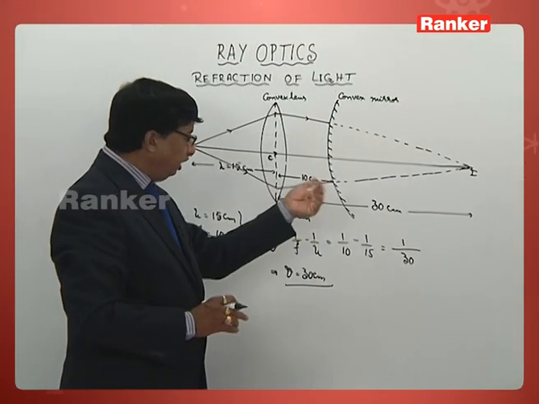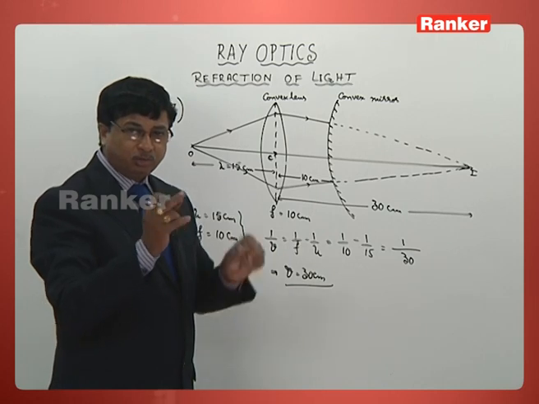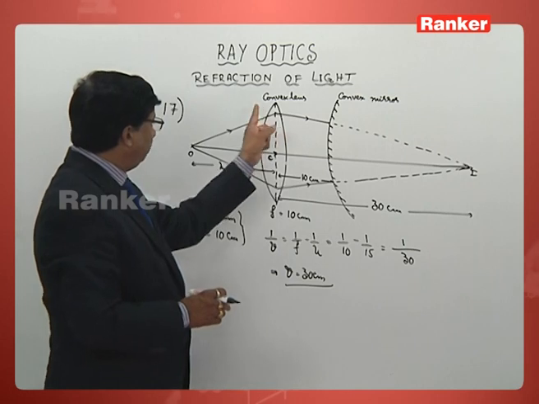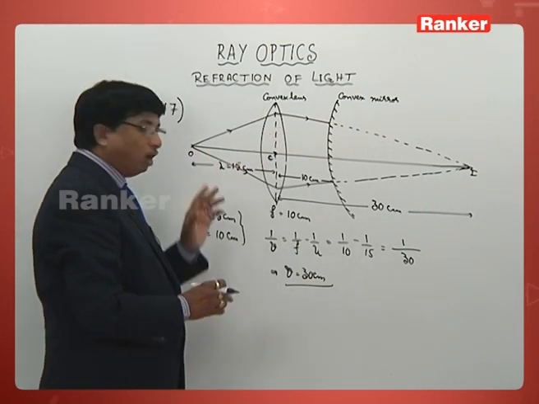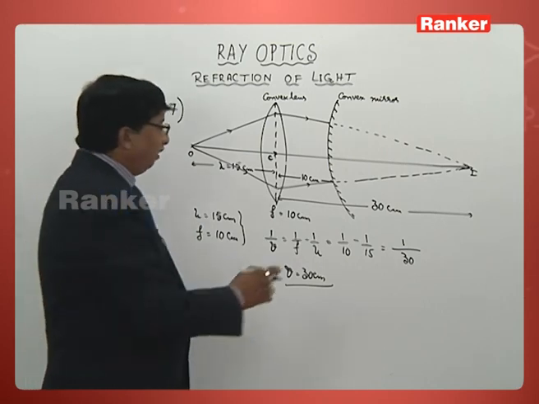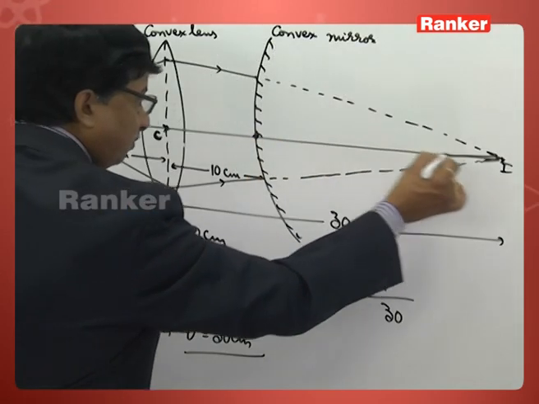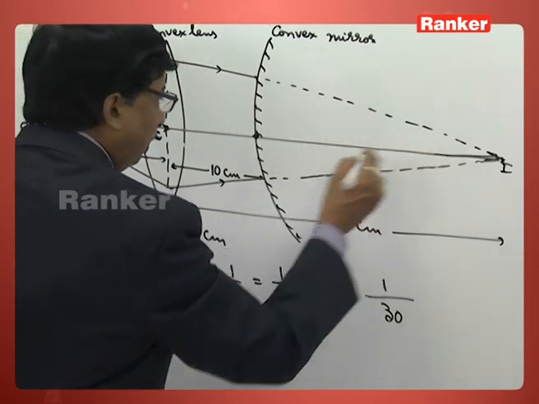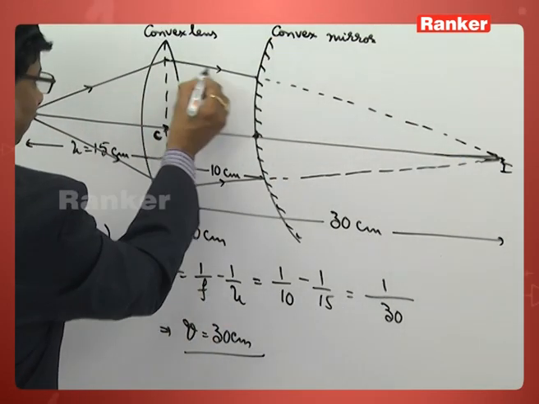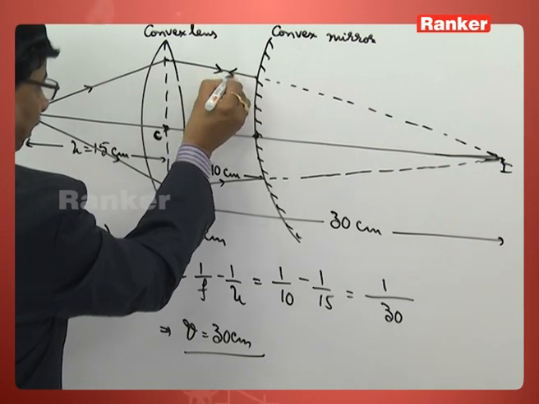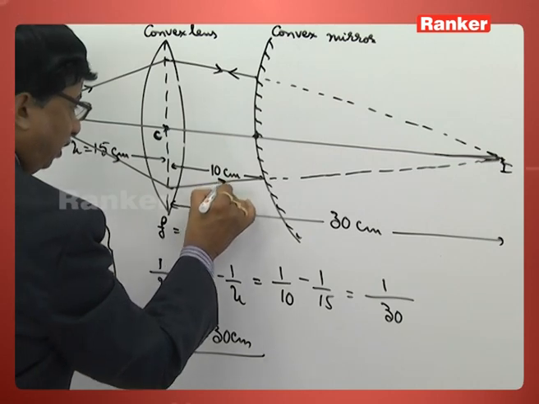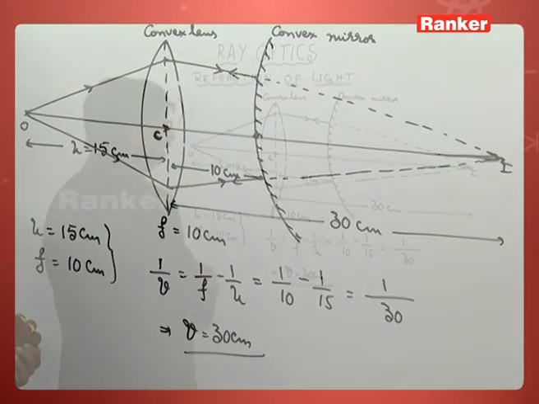But now the condition what he is giving, you incorporate to this situation. Final image is coinciding with the object. When will that be possible? When this distance is equal to its radius of curvature, then the ray whatever is falling here, it retraces its path, it falls normal to the plane and reflects back along the same line.